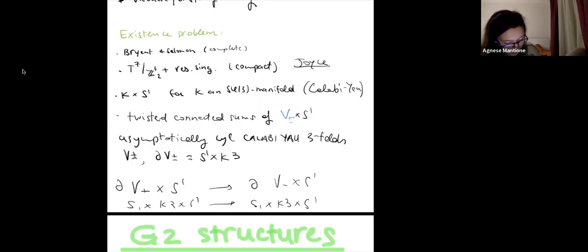And this identification can be given by many different diffeomorphisms, and so this will give many manifolds. But it's unclear to begin with whether these manifolds can be distinguished, maybe up to diffeomorphism or up to homotopy. And this is the classification question to which we will come in a moment.